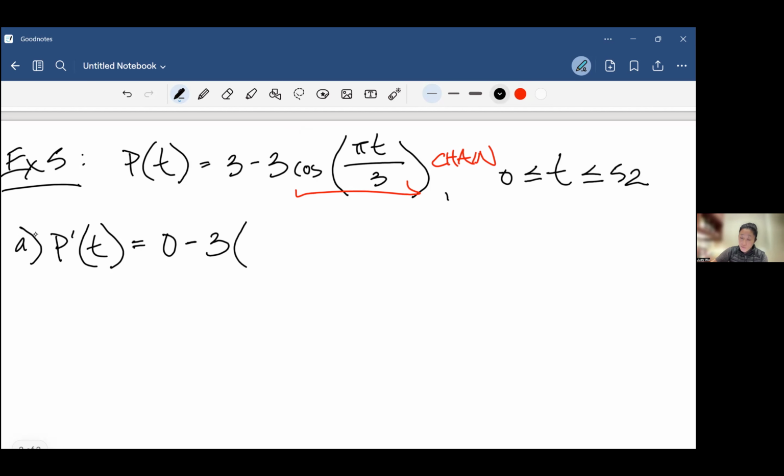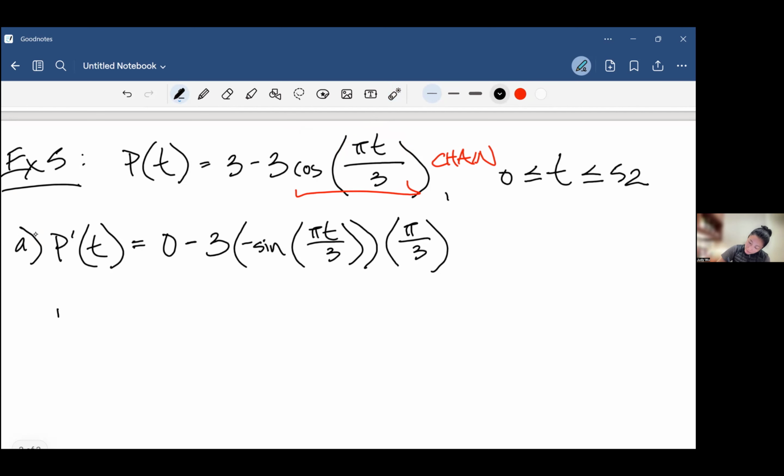And I like to put a parentheses here because I don't want to think that I'm actually doing minus sine, right? It's actually times a negative sign. So derivative of the outer function times the derivative of pi t over 3, which is just pi over 3.